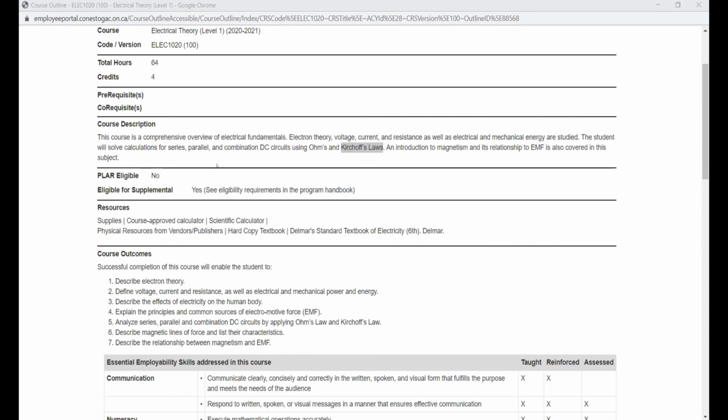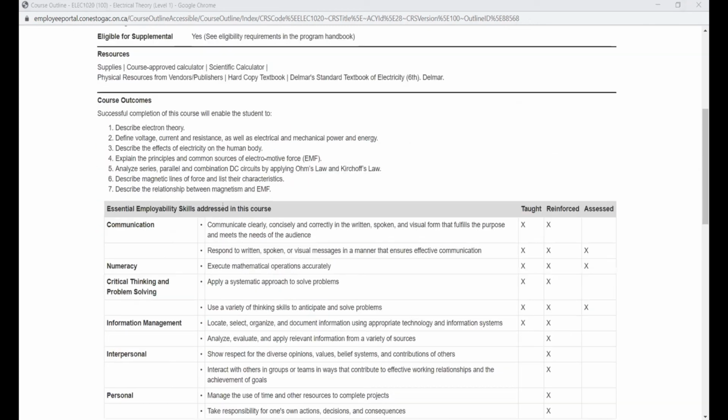So here on the course outcomes, those are the things that we are expected to know at the end of this course. There are 7 specific outcomes that we want you to be able to master, like describing the electron flow theory.